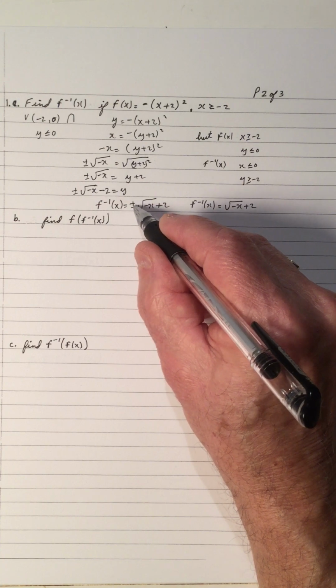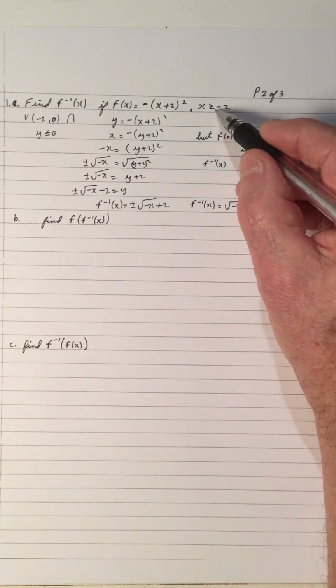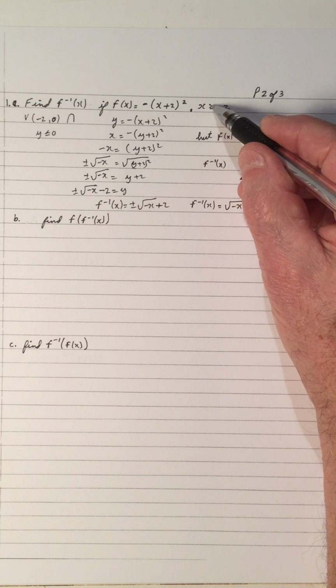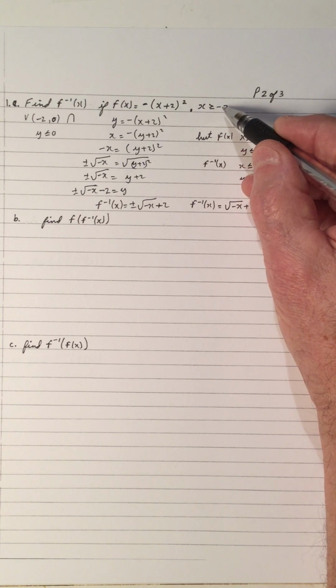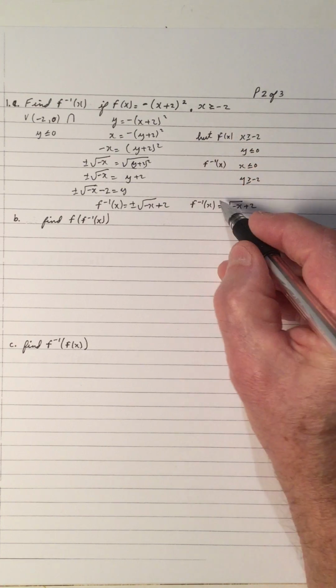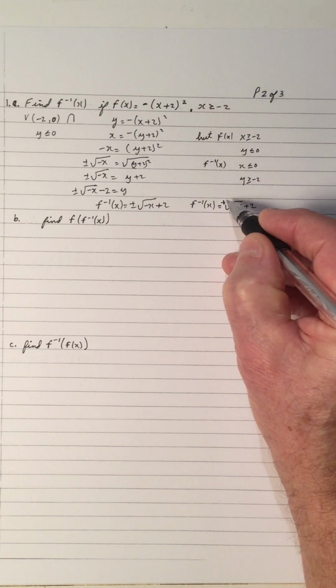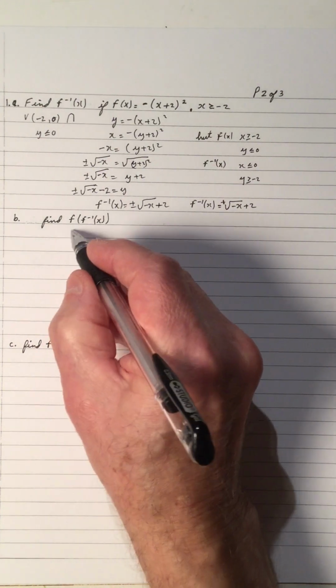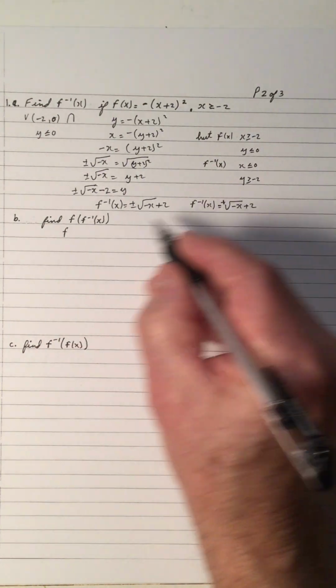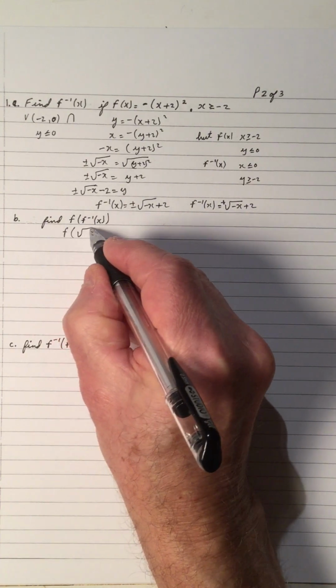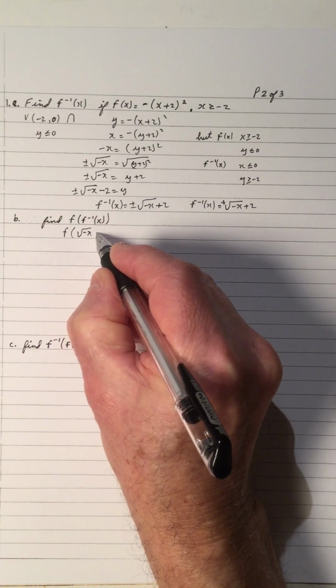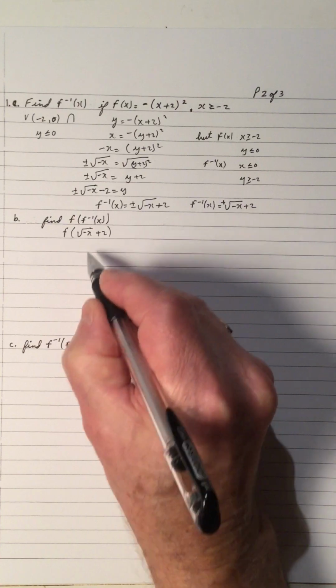Not both of them, but because of this condition here, if x is greater than or equal to negative 2, that means in the inverse y is going to be greater than or equal to negative 2. So in the inverse, we deal with the plus. So the inverse f to the negative 1 of x is the root of negative x minus 2.